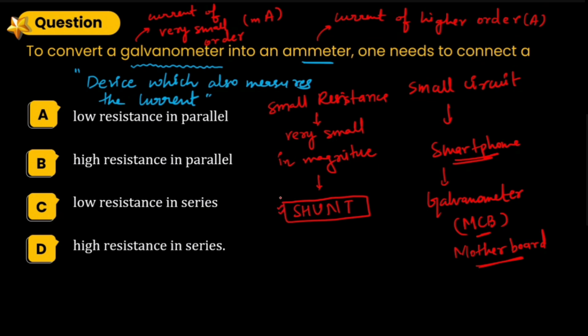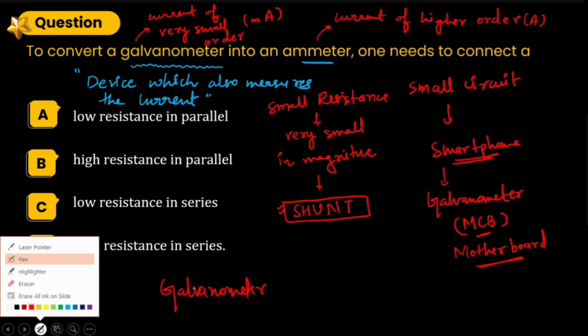So the question is, how can we connect that shunt to make a galvanometer into an ammeter? Remember this, you might be using this somewhere in class someday.